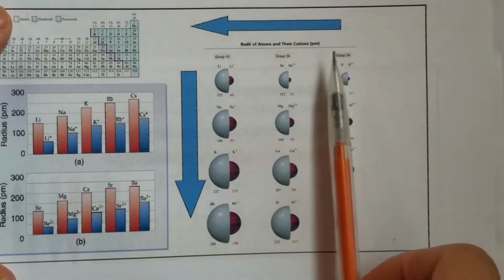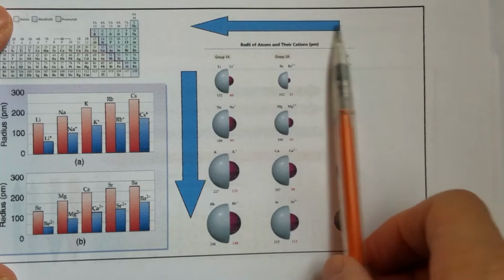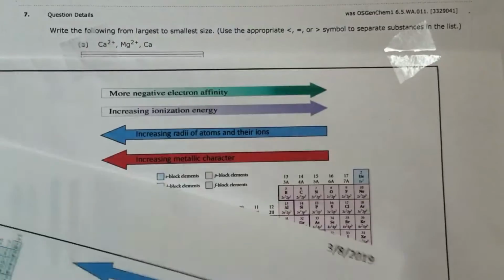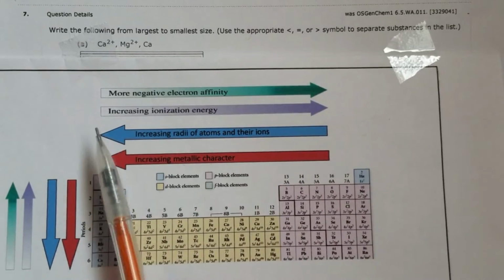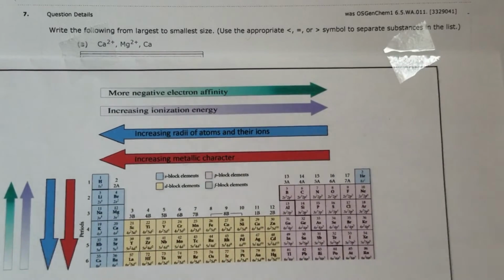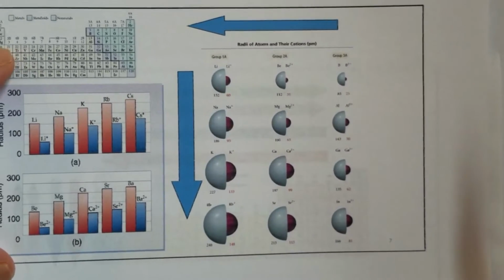So again, you see the general trend. It's the same as the one shown here. You see, that's the trend: left to right to left, top to down. And here, of course, that should be the same.